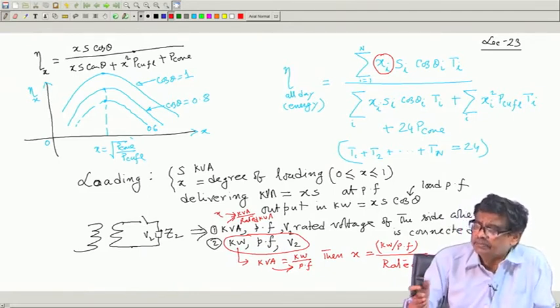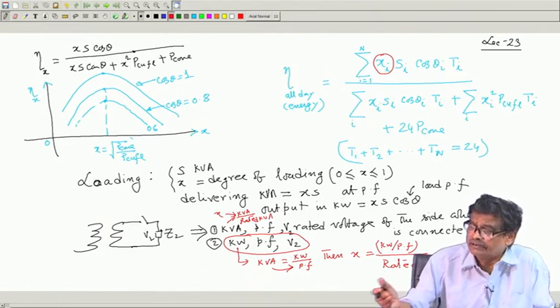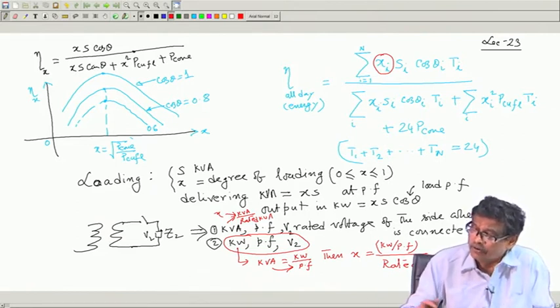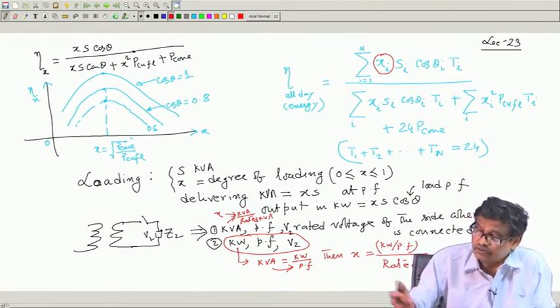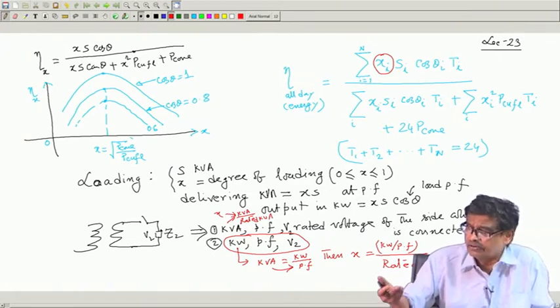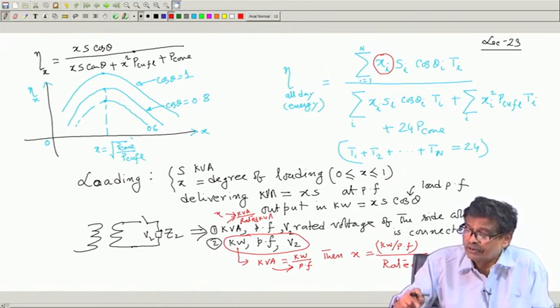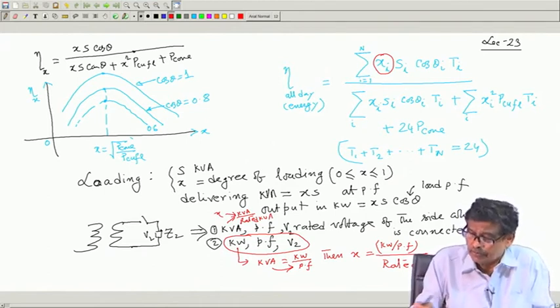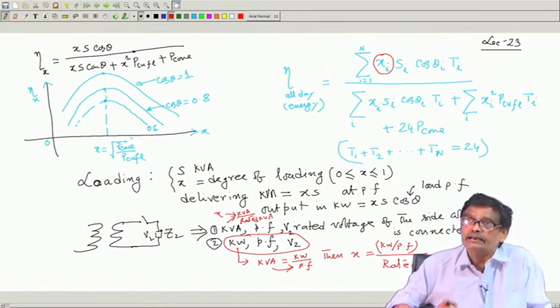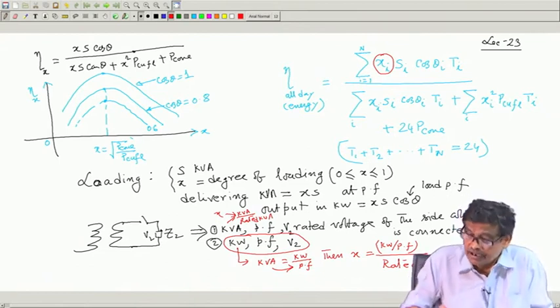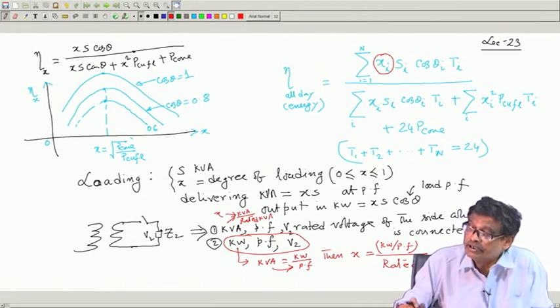Each time, if the load is totally described over the 24 hours, for T1 hours it is x1 degree of loading, for T2 hours x2 degree of loading. So, my target will be to calculate x1, x2, x3 depending upon the load it is handling at different intervals of time, and I hope you have understood how to calculate that degree of loading and use it here.